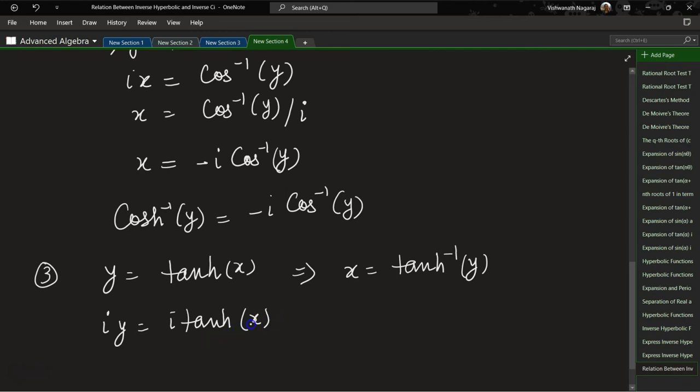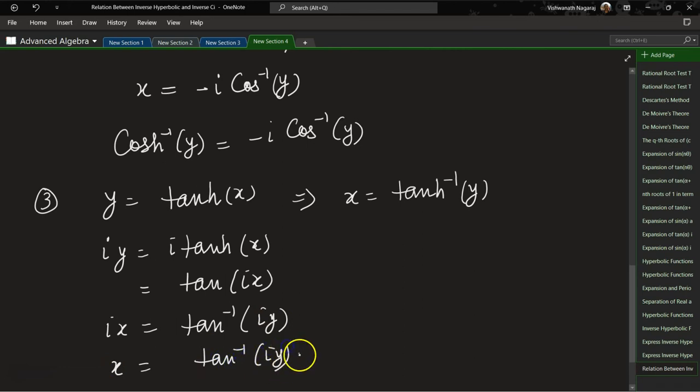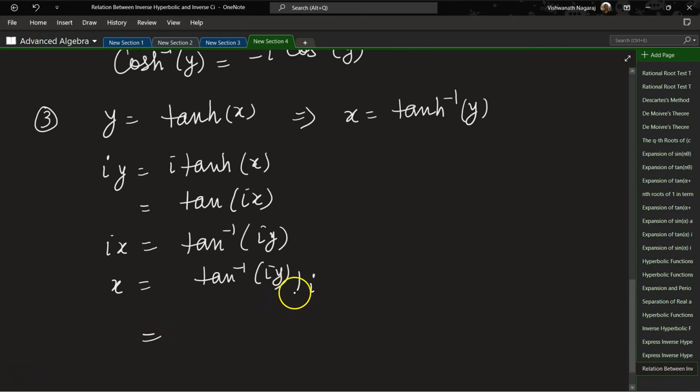Now, i tan hyperbolic x is equal to tan of ix. Which means we can write this as ix is equal to tan inverse of iy, or x is equal to tan inverse of iy by i, which means if we rationalize it, we get minus i tan inverse of iy.